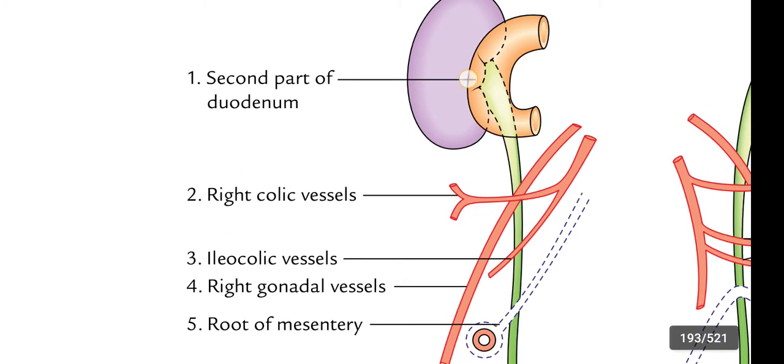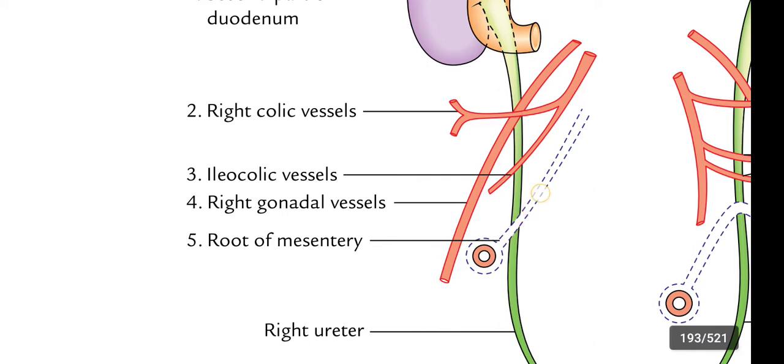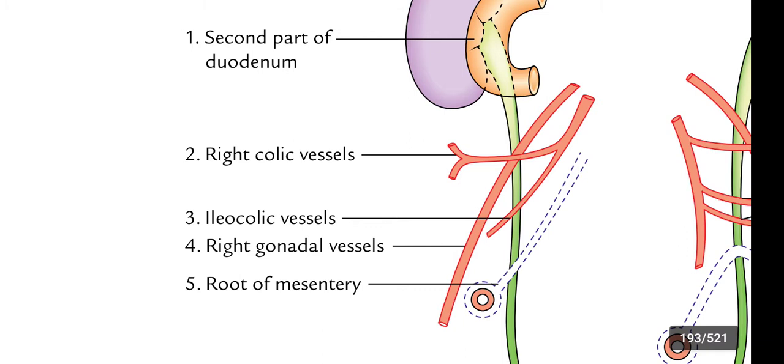This is the second part of the duodenum, these are the right colic vessels and ileocolic vessels. Right gonadal vessels, it may be testicular or ovarian, and root of mesentery.